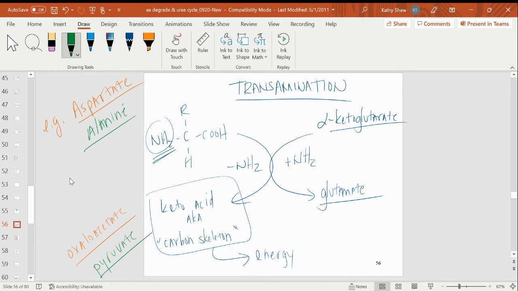So what do I do with pyruvate? Well, of course, it's one of those it depends answers. Do I need glucose? Well, I do gluconeogenesis. Do I need energy? Well, I can put it in the pyruvate dehydrogenase complex, the Krebs cycle, and so on.